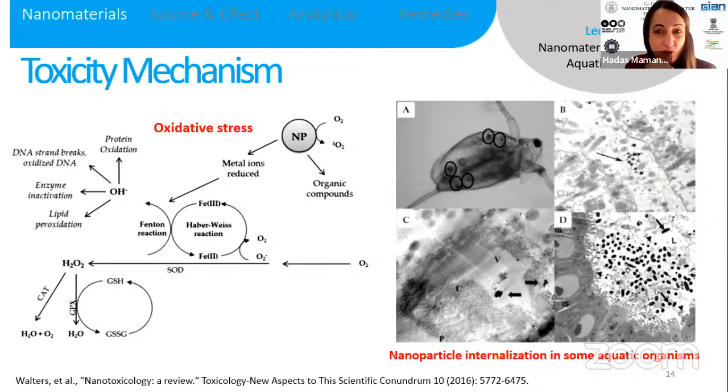Another issue is genotoxicity, which results in damage to genetic material. The genotoxicity can directly damage the DNA due to interaction with the nanoparticles.